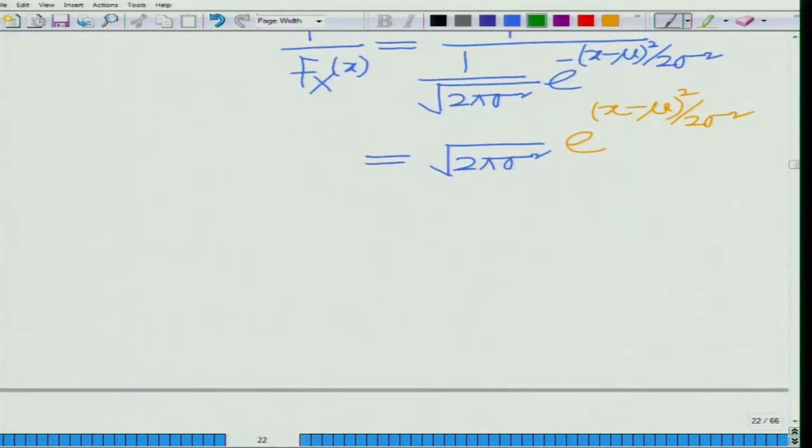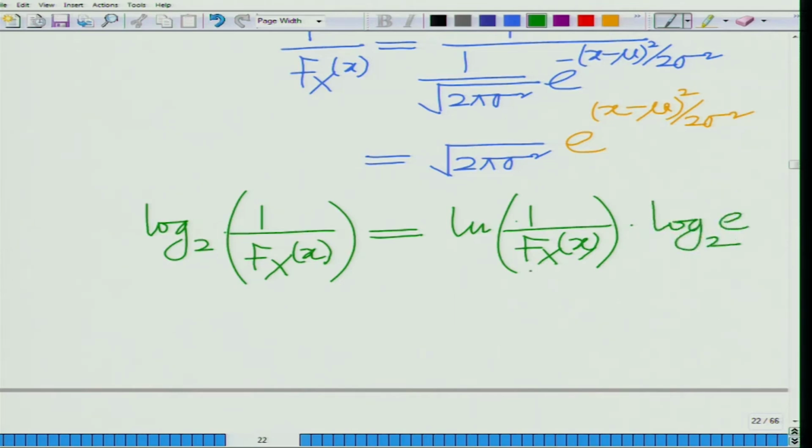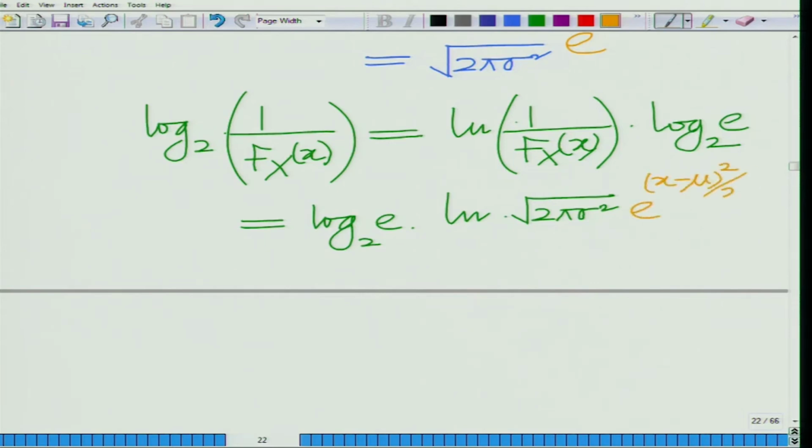If you take the log to the base 2 of 1 over f of x, that is basically the natural logarithm of 1 over f of x times log e to the base 2, which is log e to the base 2 times the natural logarithm of square root of 2 pi sigma square e raised to x minus mu square by 2 sigma square.